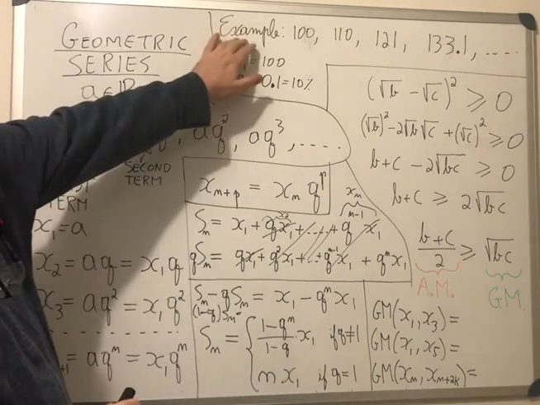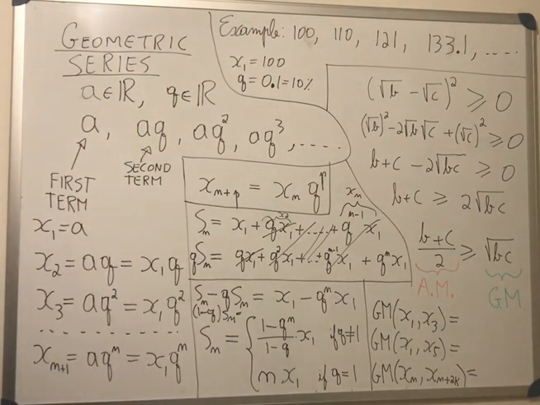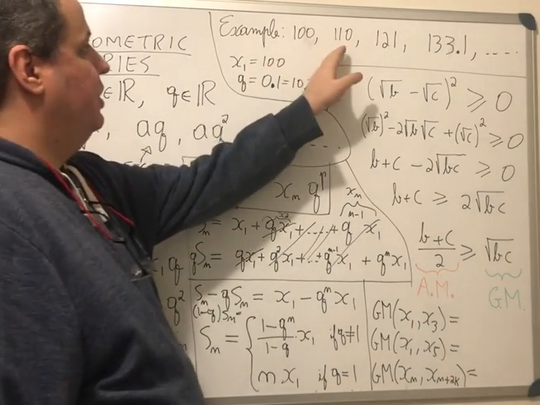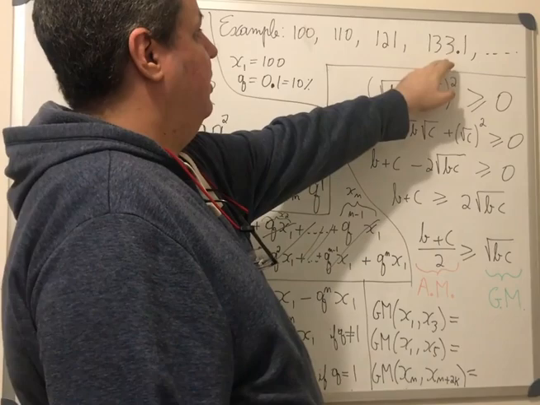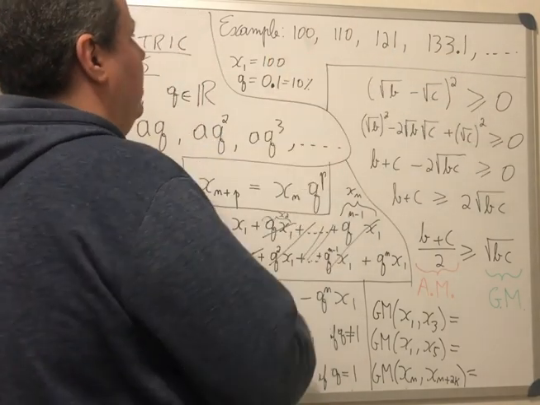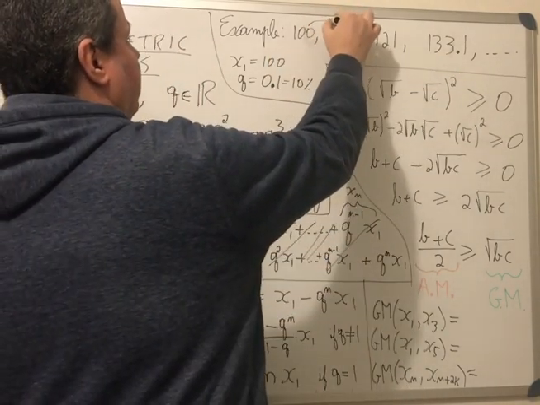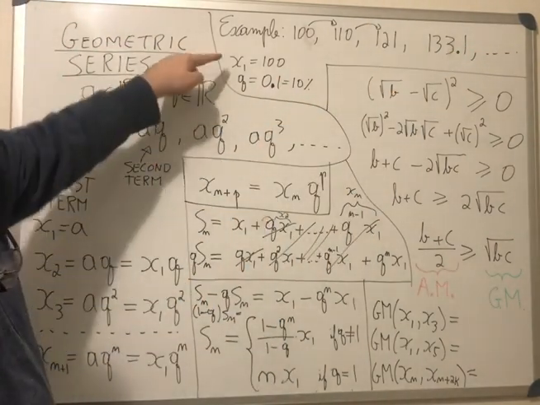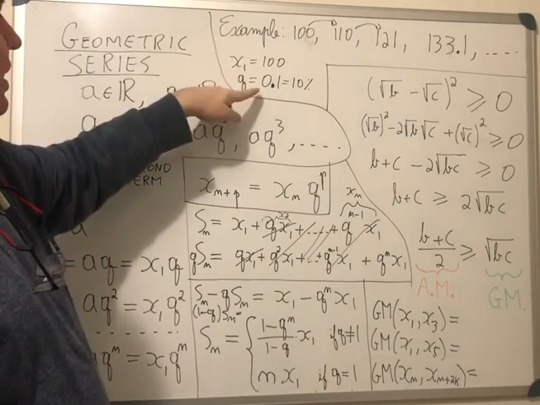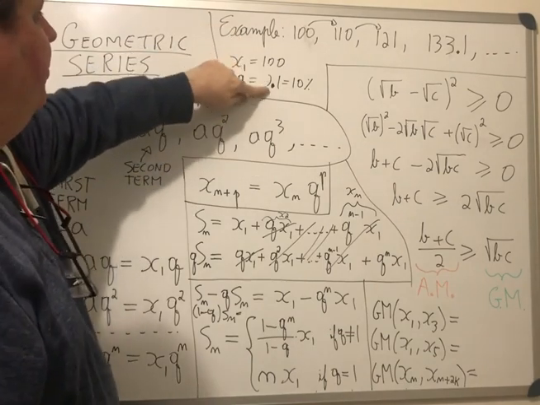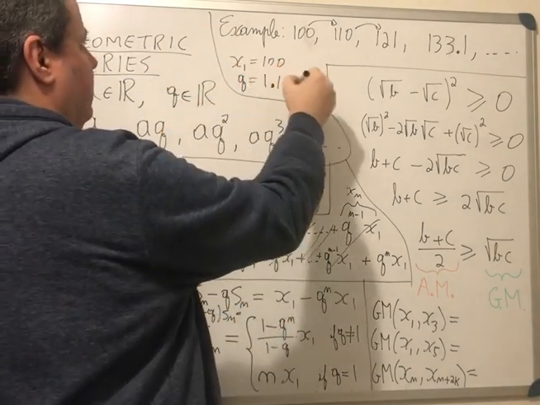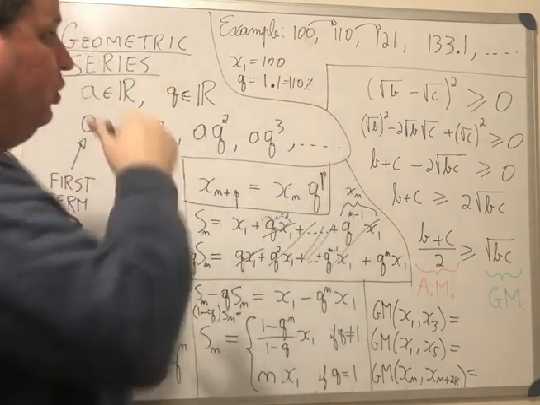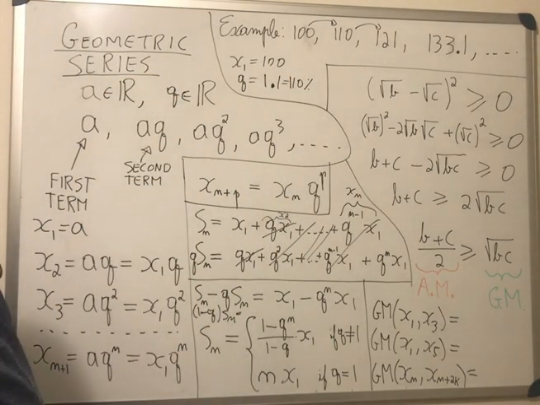An example of a geometric sequence is 100, 110, 121, 133.1. What's going on? Each time I'm increasing the quantity by 10%. My first term is 100, and then I multiply by 1.1, so I increase the quantity by 10%.